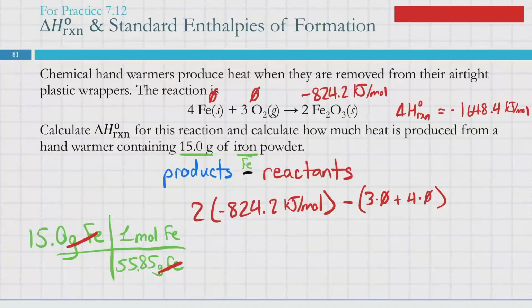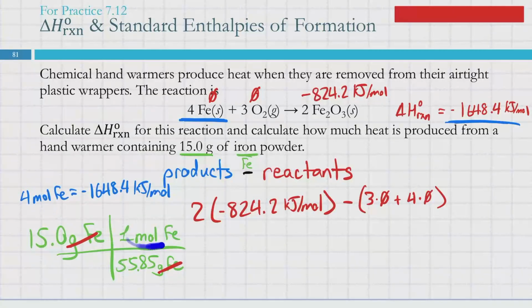So our grams of iron cancel. We want to go from moles of iron to heat in kilojoules. So we are going to be using, blue underline, the two things we care about, 4 moles of iron in, and this much kilojoules out. We're setting those two things equal to each other. So 4 moles Fe equals negative 1648.4 kilojoules. And we can use this as a conversion factor.